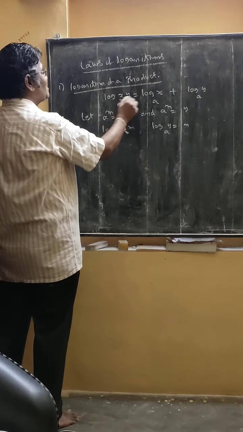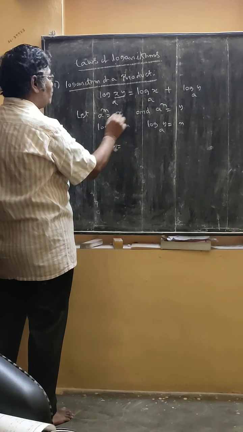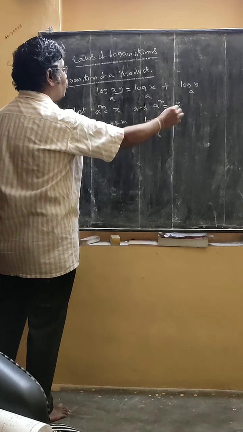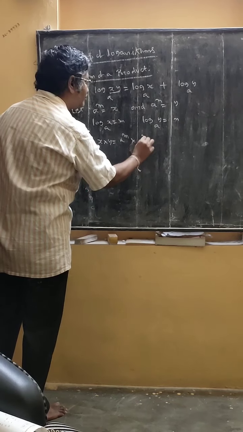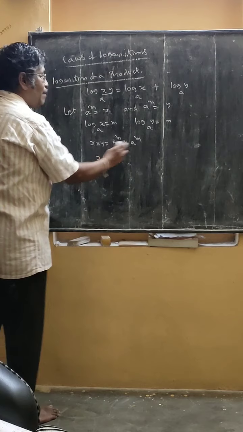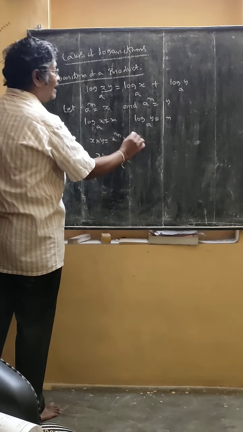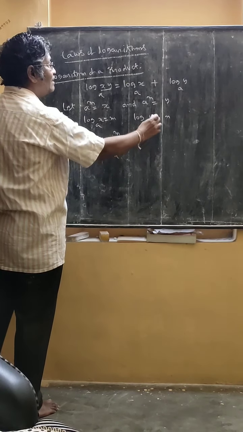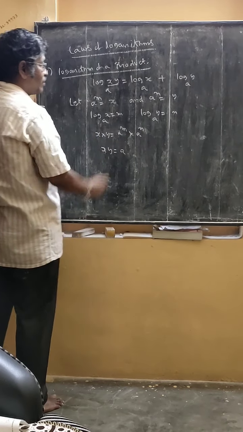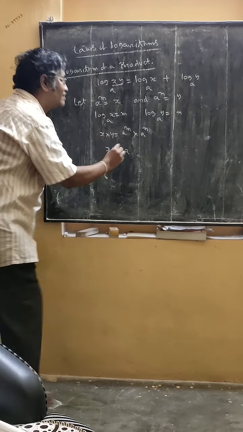Now on the left hand side, what is there? x into y. What is the value of x? a power m. What about the value of y? a power n. xy is equal to a power m into a power n. Bases are equal and are in product form, so add their exponents, m and n.